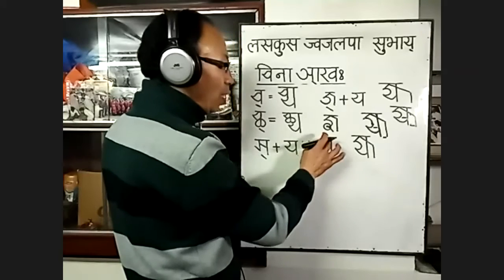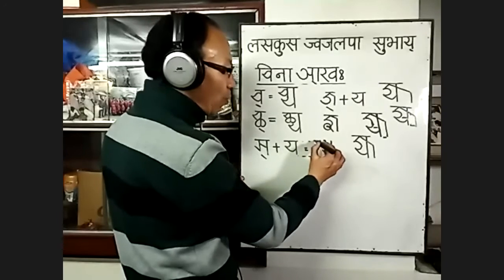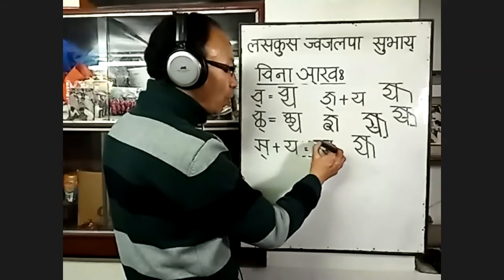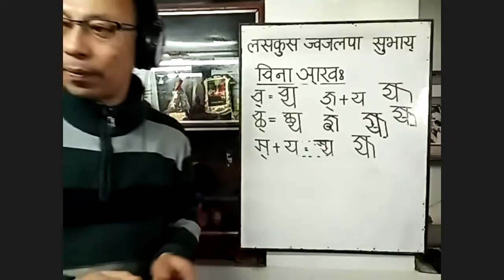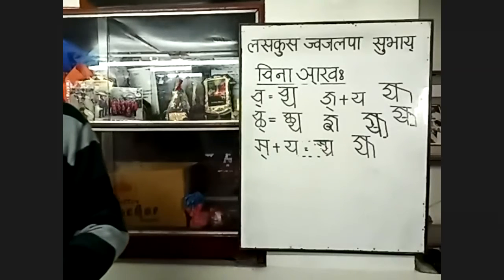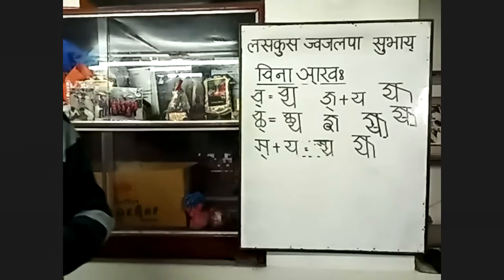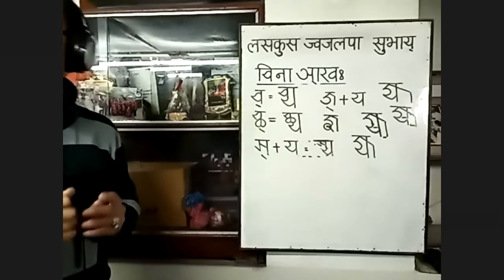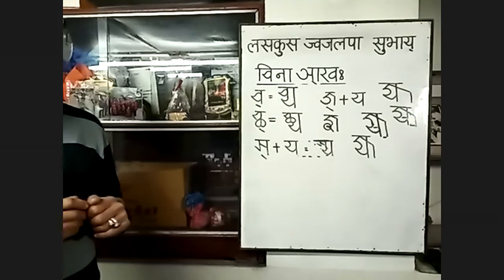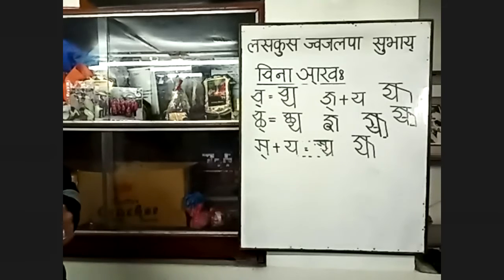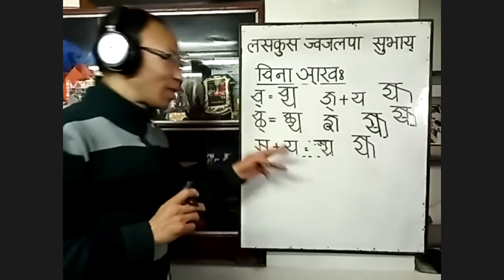And since cha is the mo duga akha, that's why we add mo, and it is complete. Is it understood now? Okay. So cha, cha, ja, cha.